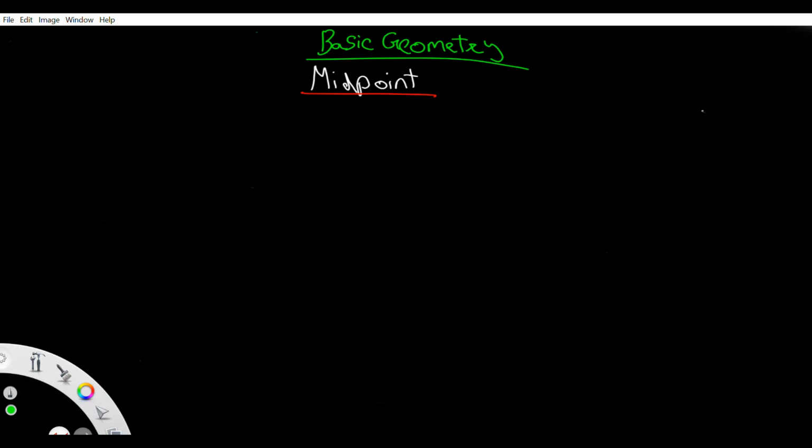Now let's look at something called a midpoint. What is a midpoint? Well, as the name suggests, the midpoint is the middle point of a line or a segment. So let's say we have a segment AC, and we have a point in the middle called B, and B is a midpoint.